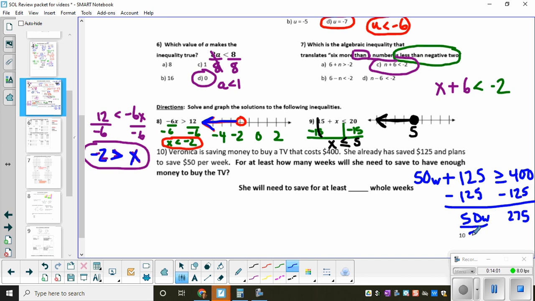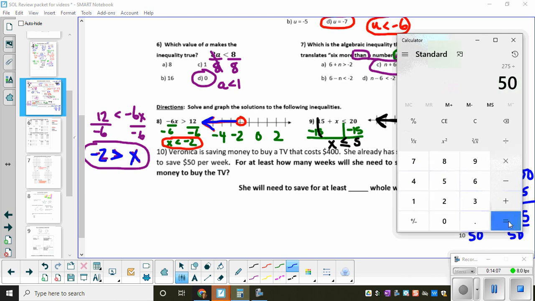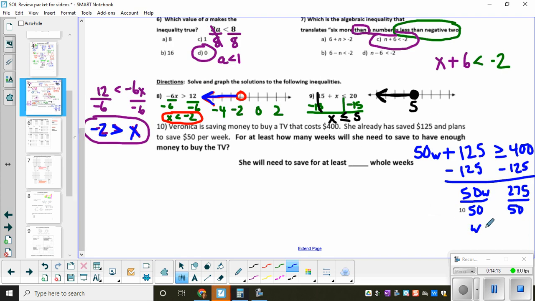So if we now divide both sides by that $50 per week, we can see here how many weeks she needs to be saving. Now it says that she needs to save for exactly 5.5 weeks. Okay, that would be 5.5. And as long as she saved for 5.5 weeks or longer, she will meet the goal. So that's why we have the or equal to right here in the answer.